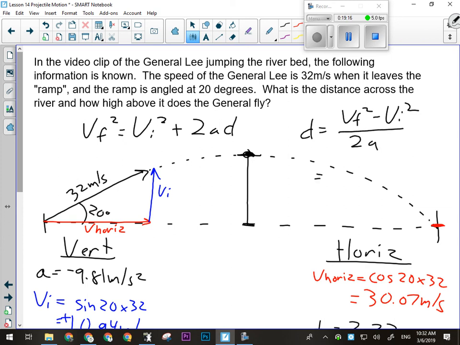So for this one, that's going to be 0 squared minus 10.94 squared divided by 2 times negative 9.81.